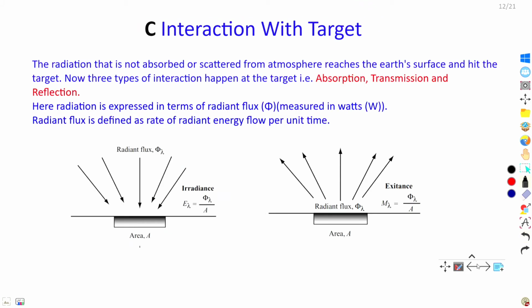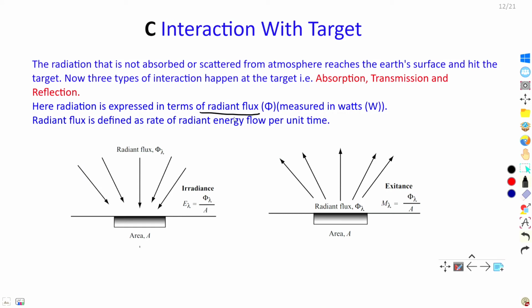After this comes interaction with the target. The radiation which is not absorbed or scattered reaches the surface, and there three types of interaction occur: absorption, transmission and reflection. When it comes to the target, radiation is talked about in terms of radiant flux.